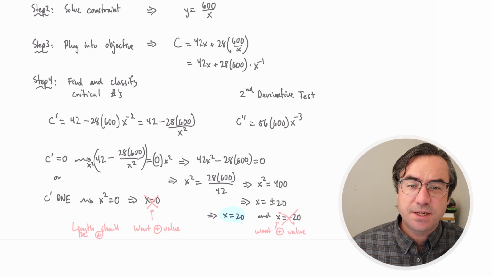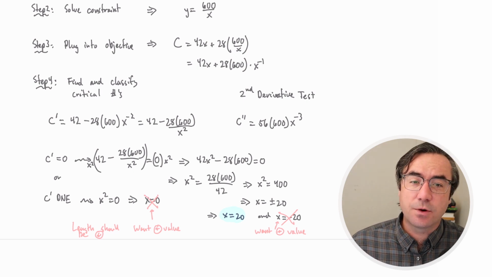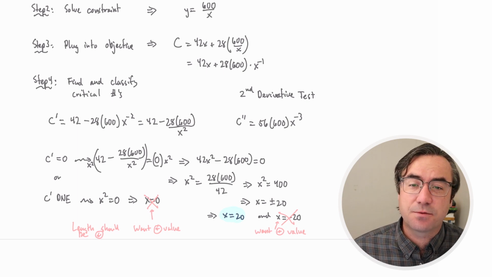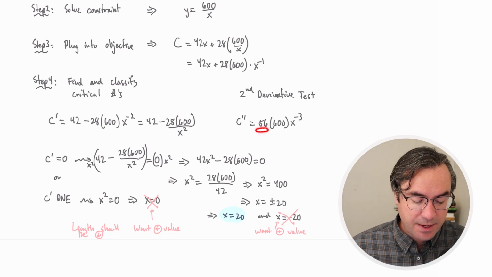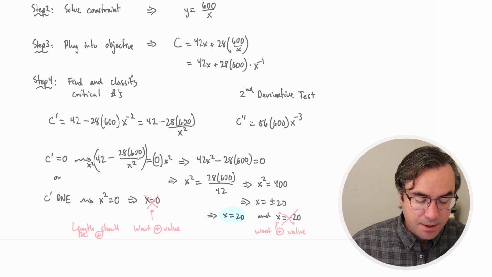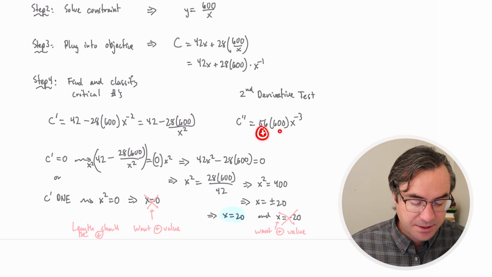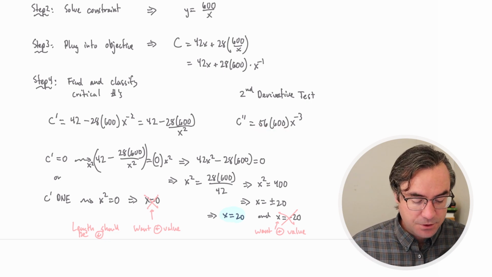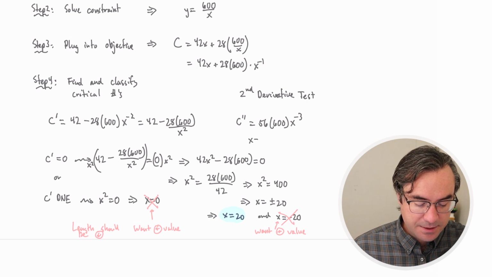And then the way we do our second derivative test is we take our critical number, plug it into that second derivative, and see if we get a positive or a negative value. That's why it really doesn't matter too much about multiplying these out, because we can just tell positive, positive. So when we take our critical number, x equals 20, we plug it into that second derivative.